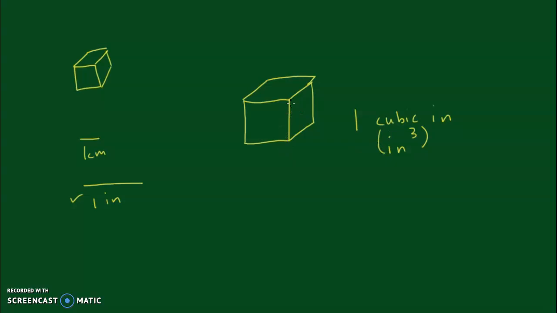Would you want to measure the volume of your whole bedroom with 1 cubic inch cubes? No, that would take you forever. So in that case, you might want to use a cubic yard.